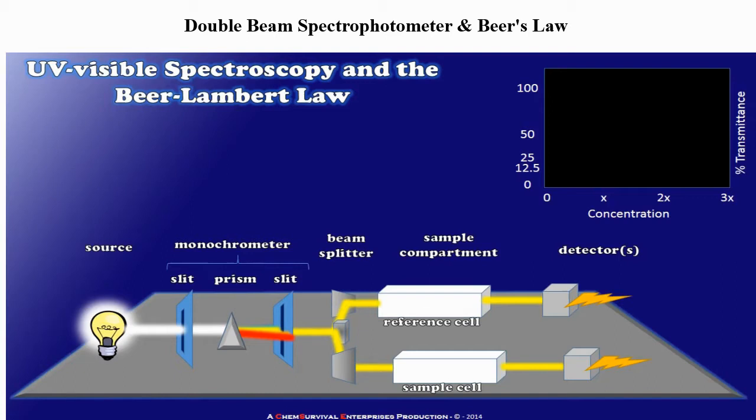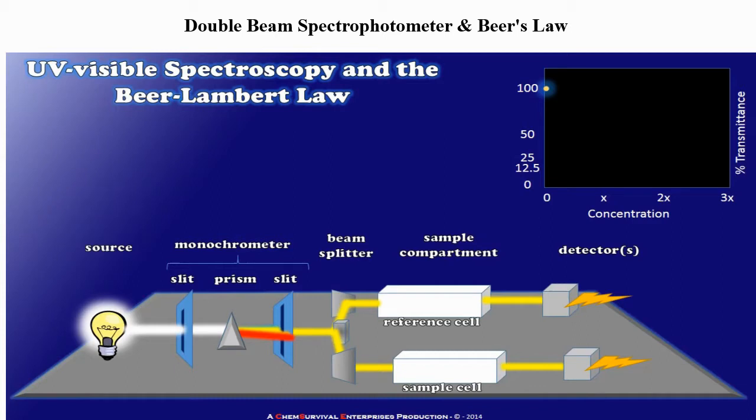Therefore, the current generated by each detector is identical. If I were to consider the ratio of the intensity leaving the sample cell to that leaving the reference cell, I see that the transmittance of my sample cell is 100% that of the reference. So I'm going to plot that here at 0 concentration, 100% transmittance.